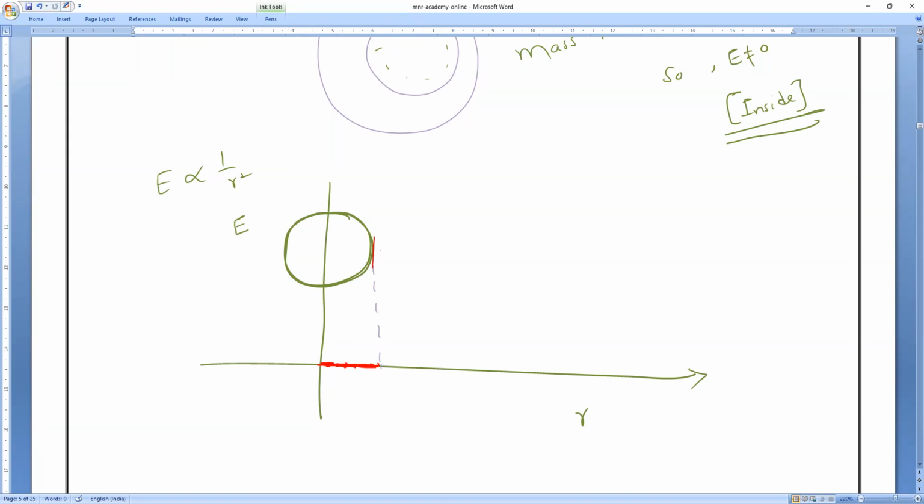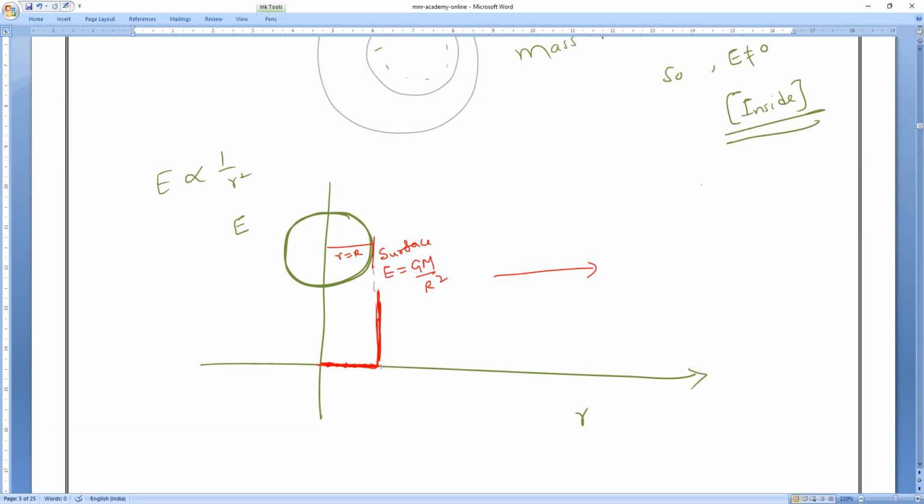Now once it comes to the surface, suddenly what will happen? R will become R, so at the surface, what is the E value? It rises to the maximum, that is GM divided by R square. But as the point keeps on increasing, if R keeps on increasing, what will happen?